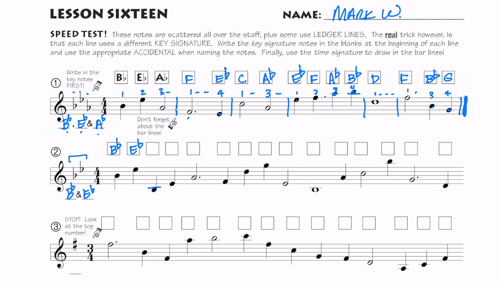Below the staff, we should be recognizing this note right here. Usually it has a flat sign, B flat, and here is E. Is E flat? Yes, it is. Okay, A. In this key signature is A flat? No, it's not. Just because it was in the first line doesn't mean it is in the second line.